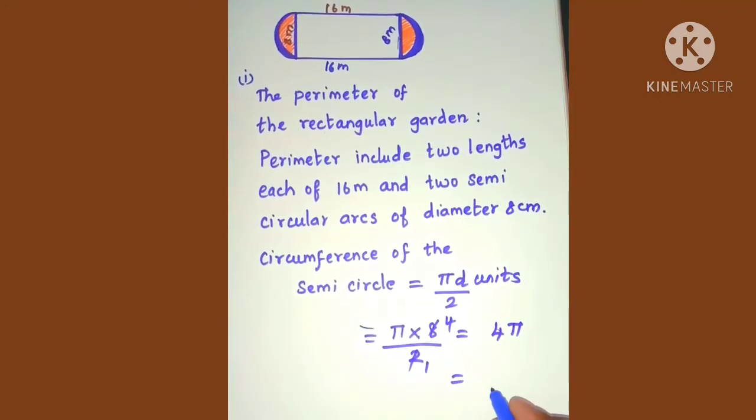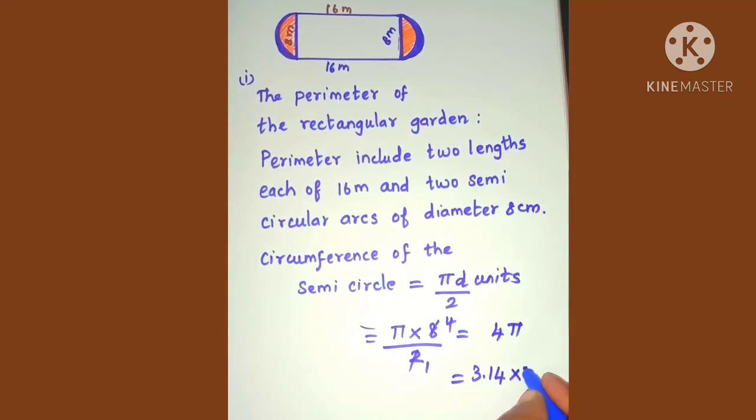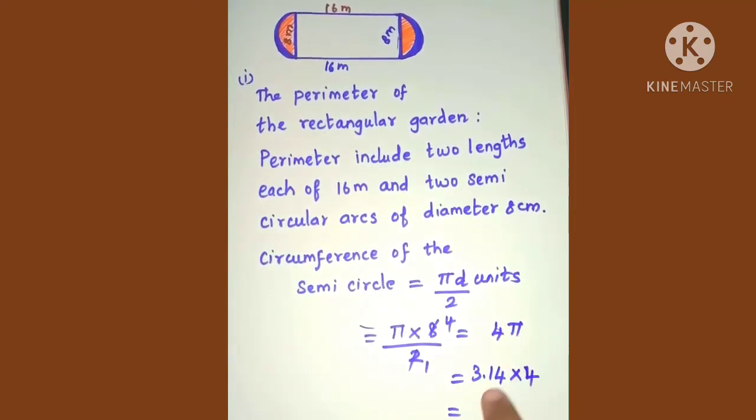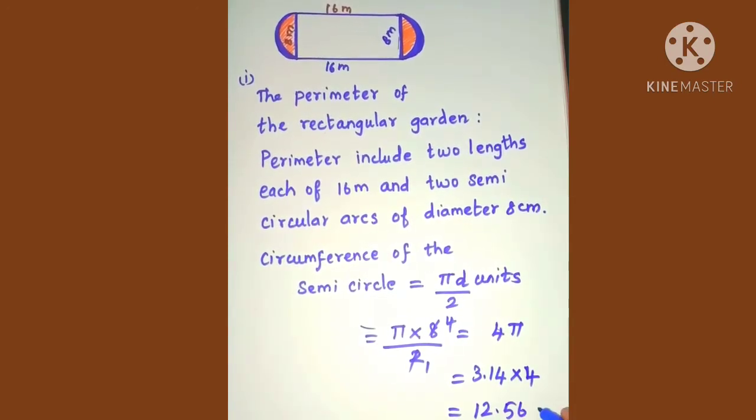Now the value of pi is given in the problem 3.14. So into 4. Now, so that is, the value of pi is 3.14 into 4. And multiplying these two values, we get 12.56. So students, this is the circumference of the semicircle.